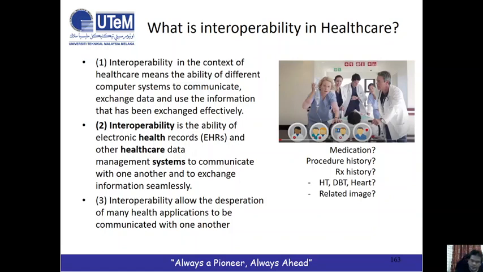Okay. Because you can see that every day we get a thousand COVID-19 patients. Yeah. So our hospital is overloaded now. So you can see that the electronic medical record is very important.